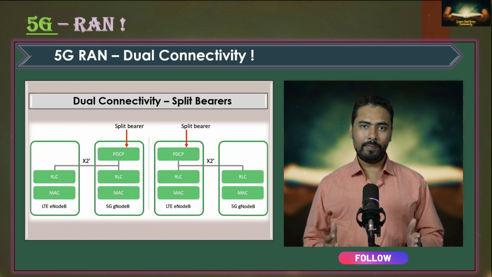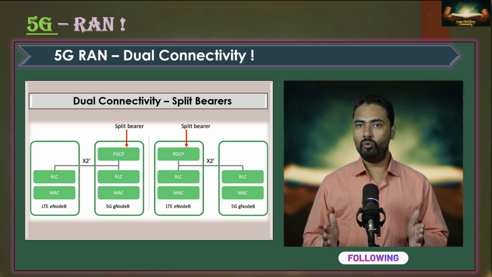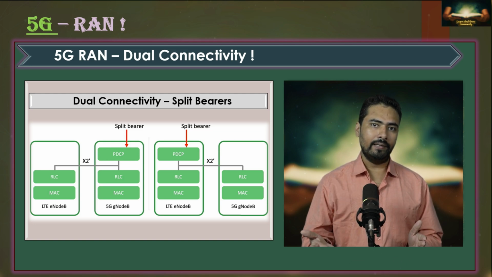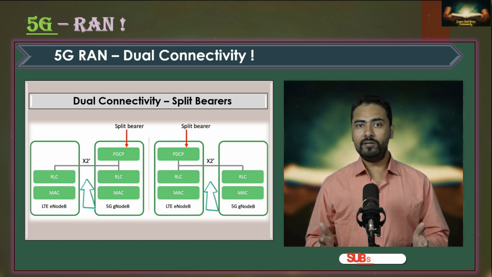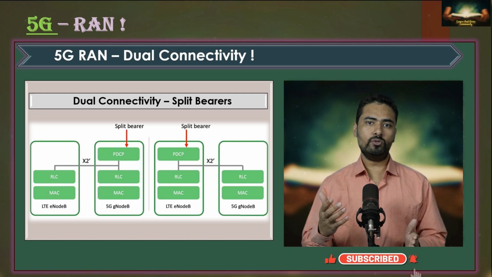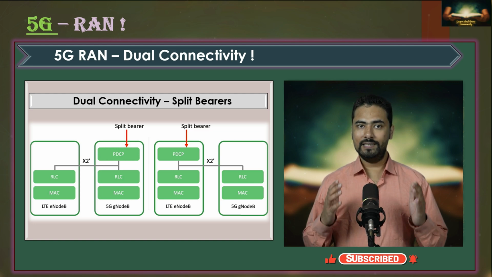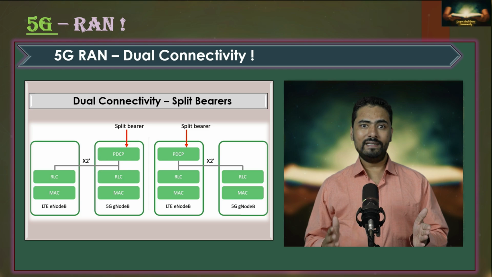Another important concept is split bearer. In case of split bearer, one of the nodes forwards the data plane packets to the other node over the X2 interface, and later the data is combined at the PDCP layer before it reaches the core network. The split bearers can be terminated at either the primary node or secondary node.